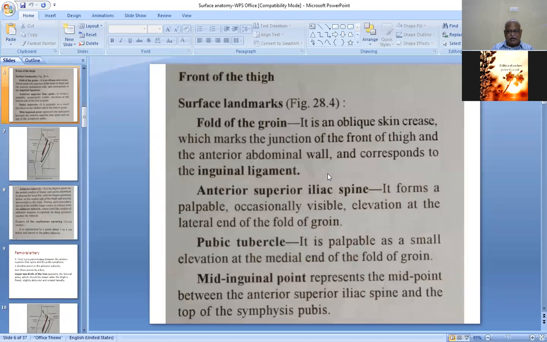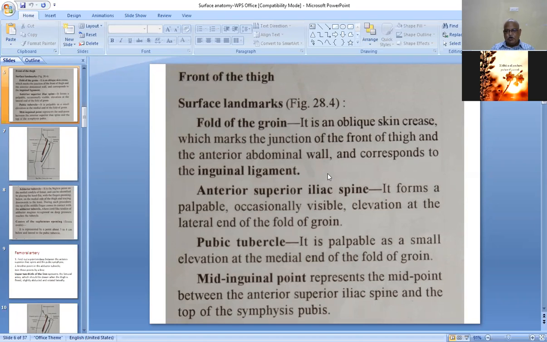The mid-inguinal point represents the midpoint between the anterior superior iliac spine and the top of the symphysis pubis. Pubic tubercle and symphysis pubis are entirely different. Symphysis pubis is nothing but the junction between the two pubic bones.